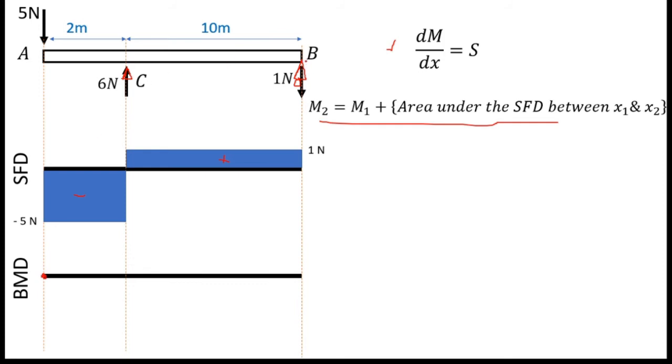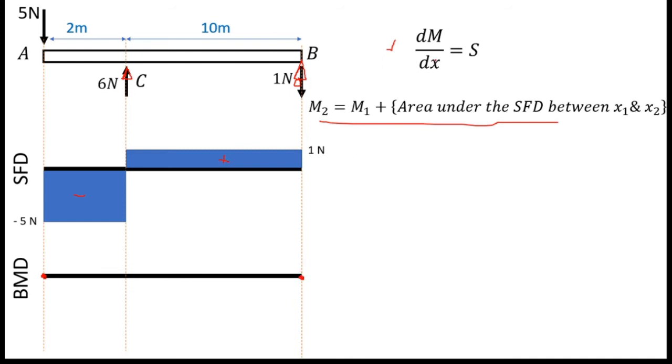Roller supports do not restrict moments, right? So the bending moment value at point B is also 0. Therefore there is no resistance for moment at this roller support. So now we know this bending moment diagram will end at this point, so that means it's 0.